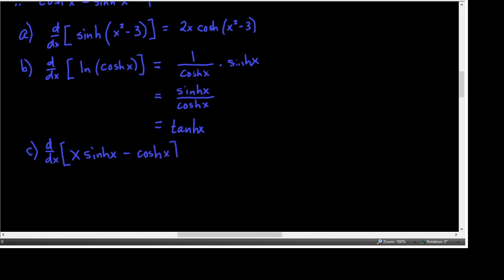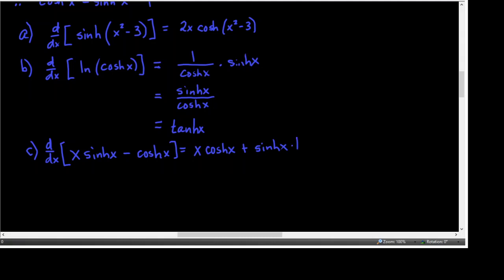Okay, well, the first thing I see there is a product, so I do have to use the product rule. So that's first times the derivative of the second. The derivative of hyperbolic sine of x is hyperbolic cosine of x, first times the derivative of the second, plus second one, hyperbolic sine of x, times the derivative of the first one.